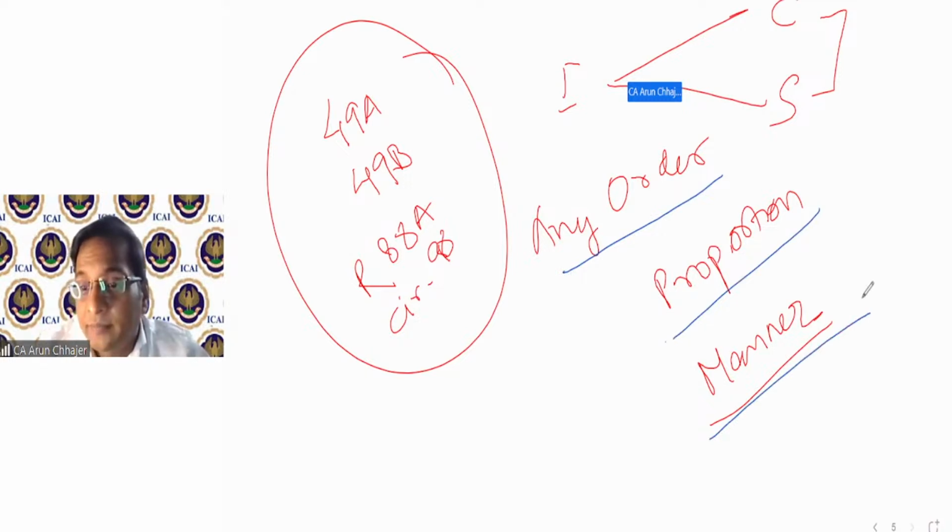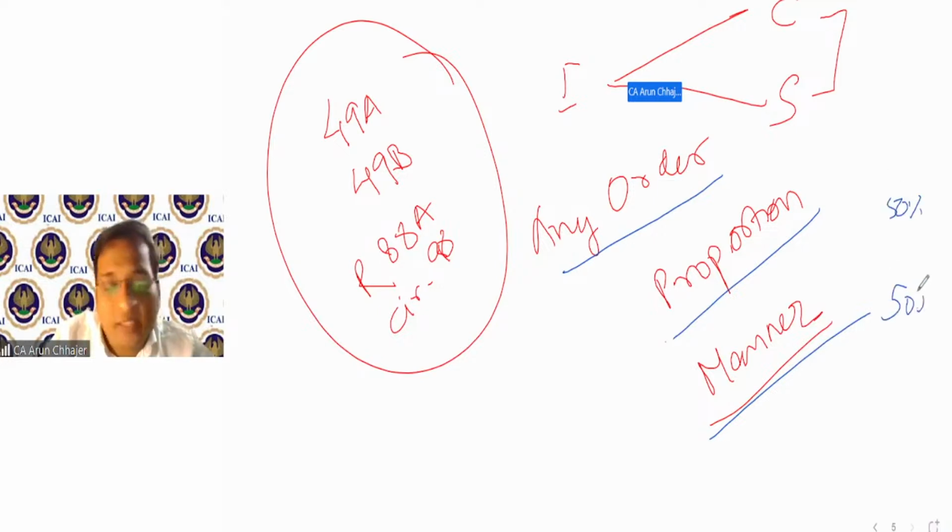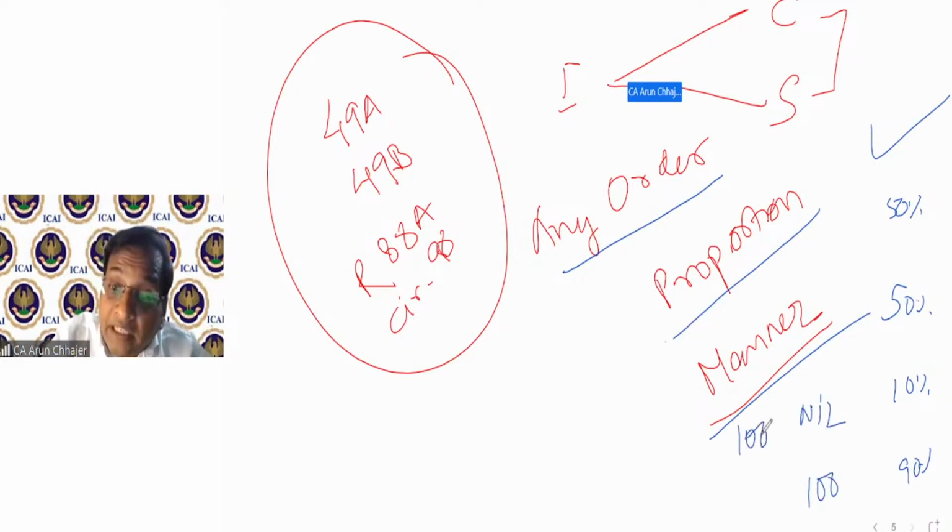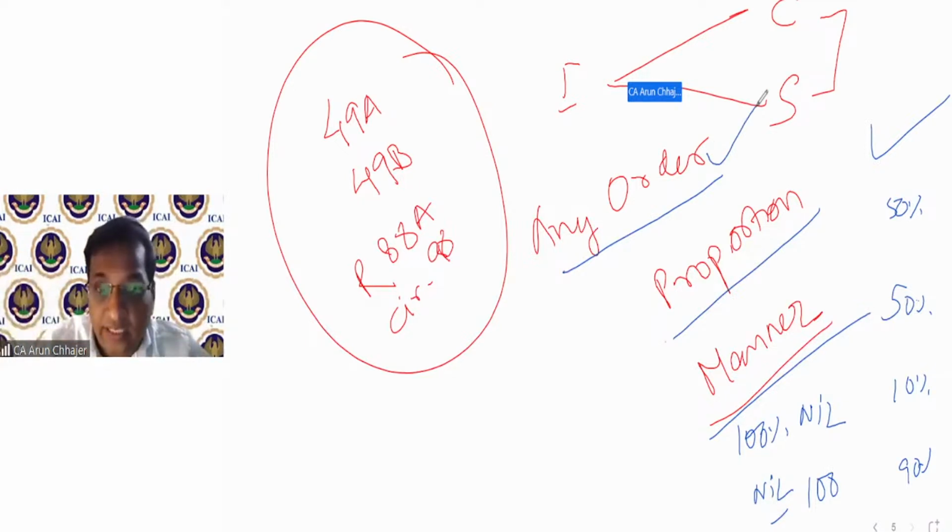It means if I like to distribute 50% to C, 50% to S, well done, no problem. 10% to C, 90% to S, no problem. Nothing to C, entire to S, no problem. Completely to C, nothing to S, no problem. It can be any order, any proportion, any manner.